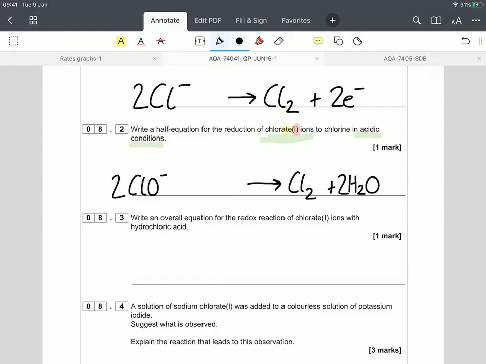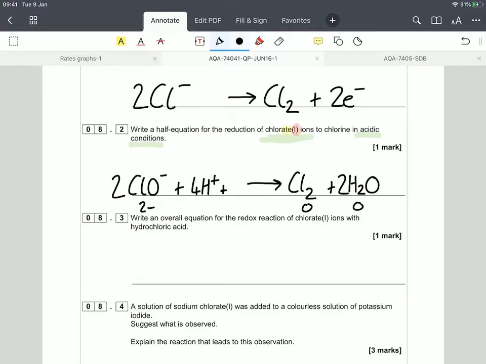That has a knock-on effect, because now we need some hydrogen ions, and if we hadn't done this bit right, we would have only put 2, when in reality we need 4. That has another knock-on effect, which is that the number of electrons would have been incorrect. At the moment, there's no charge on the right hand side, because they're both neutral compounds.